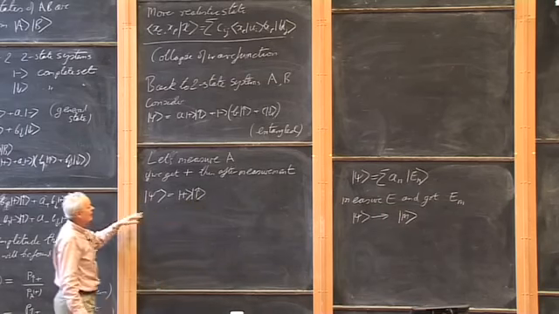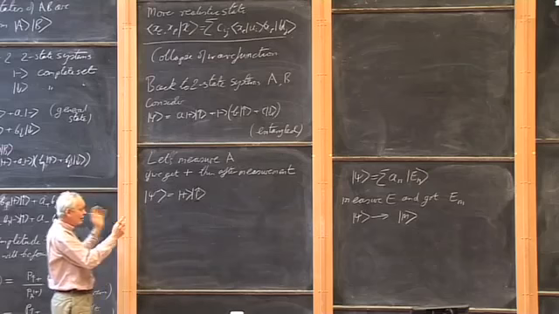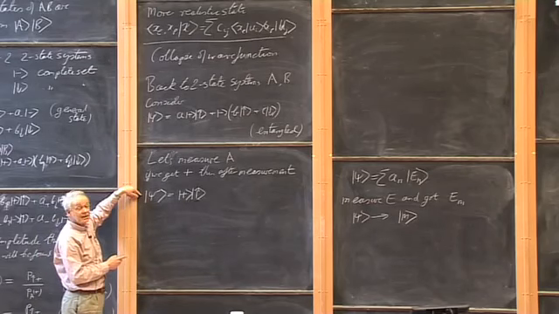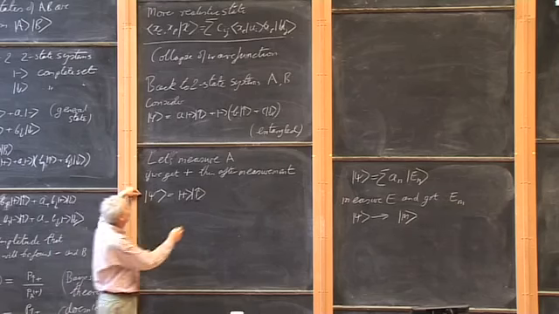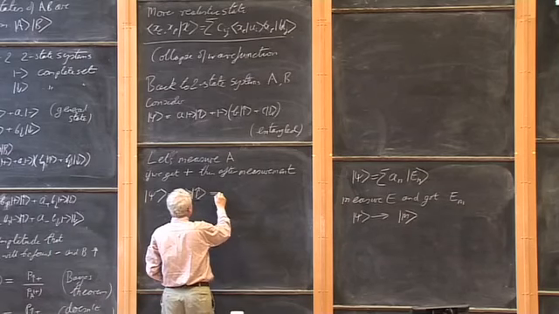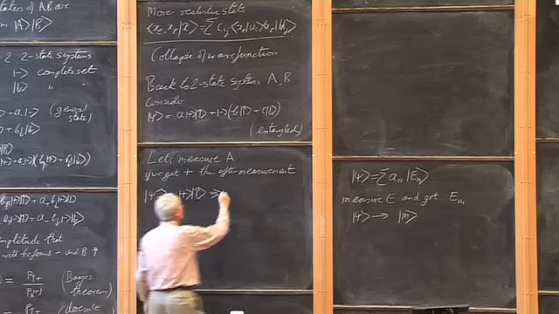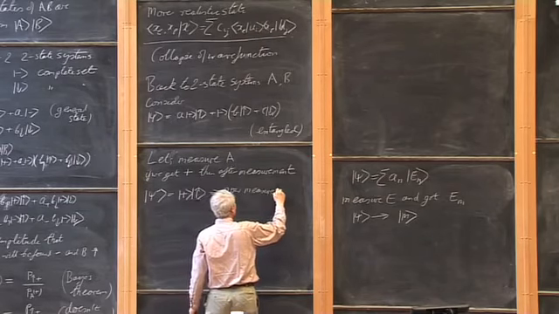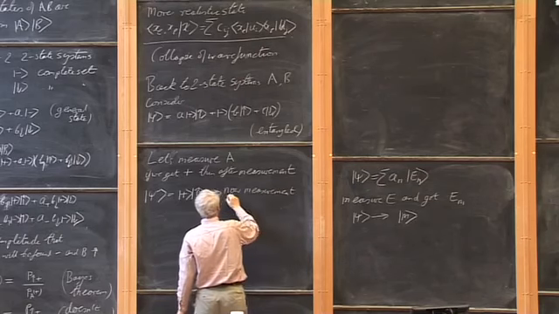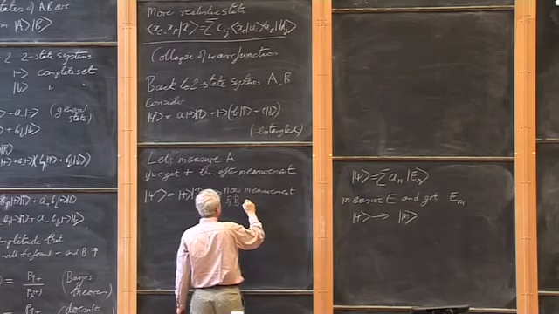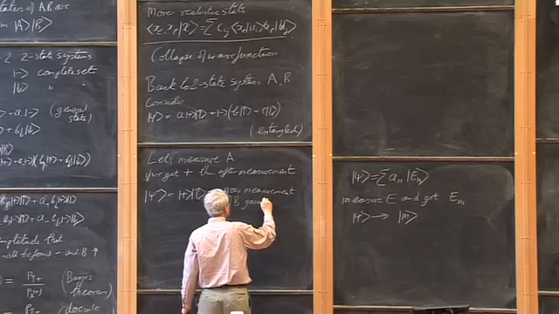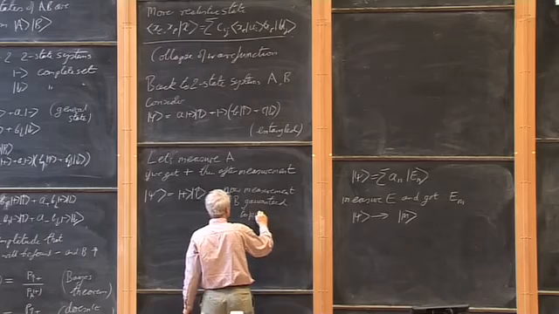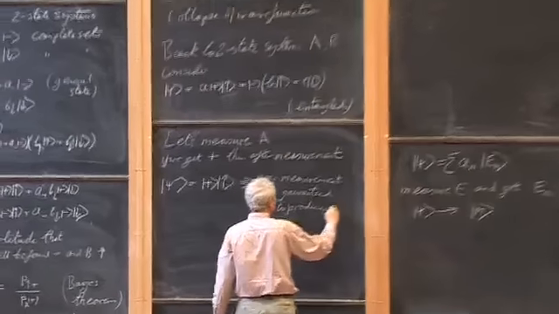So what does this say? This is what the theory claims, that that goes to that. It doesn't explain how this happens. This is the problem of measurement. But there's a physical implication of this, which is that a measurement of B is now guaranteed to find up.